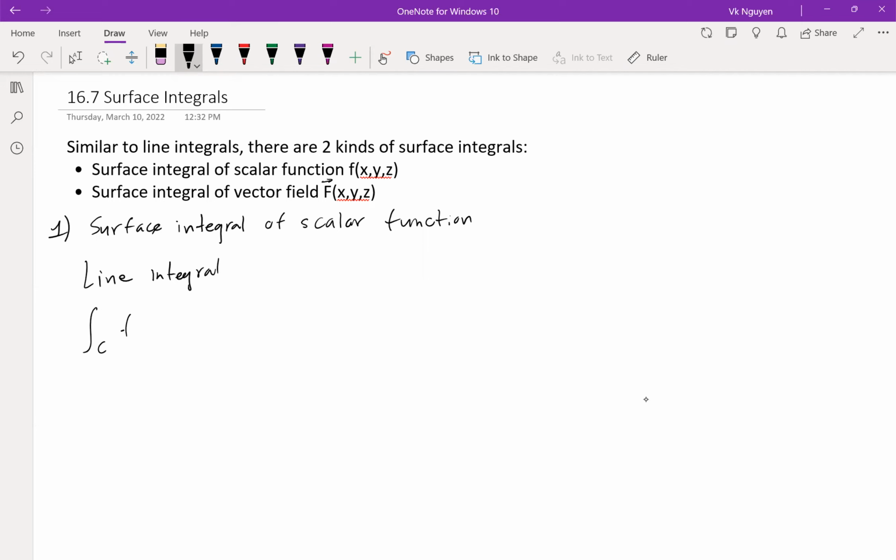Integral over C of f(x, y) ds. So this one you can see as the length, and then this one is the width. So together we have an area, and then you do this, you get the area of a curvy wall fence.